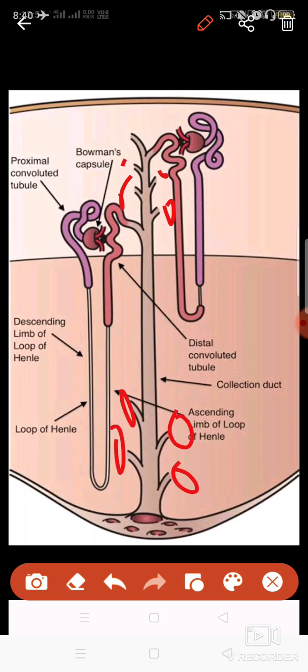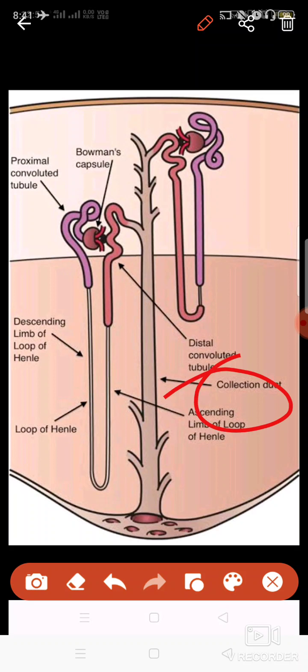Here also so many nephrons are arranged, and all have the same structures which I have discussed with you, that is Bowman's capsule, the proximal convoluted tubule, the loop of Henle, and distal convoluted tubule, and these finally open into the collecting duct.